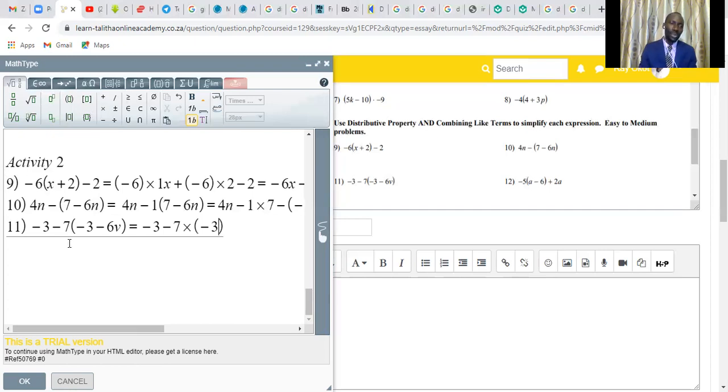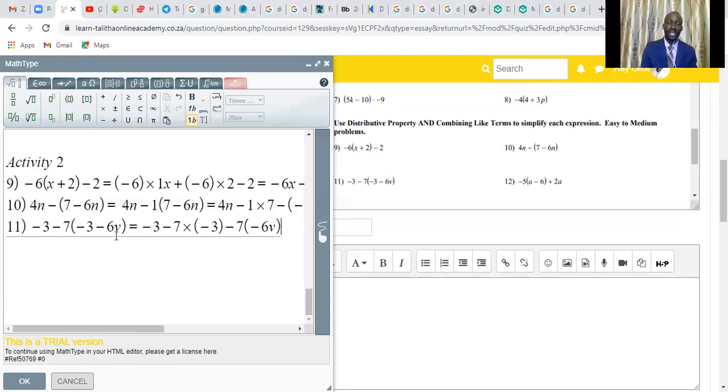And later we want to distribute -7 onto -6v. So that we then give -7, then -6v. So that is how we get the value.